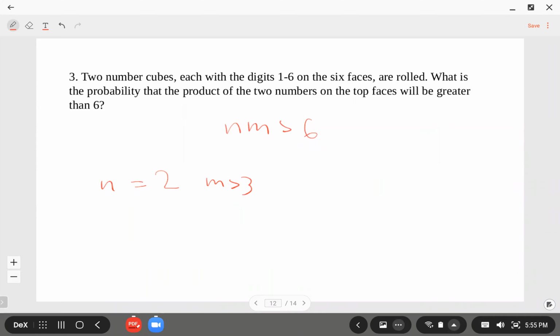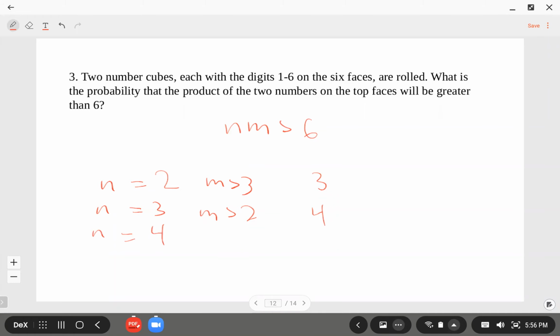And how many numbers are greater than 3 and less than or equal to 6? It's going to be 4, 5, 6. There's 3 possibilities. And when n equals 3, m has to be greater than 2, right? And how many possibilities? We have 3, 4, 5, 6. 4 possibilities.